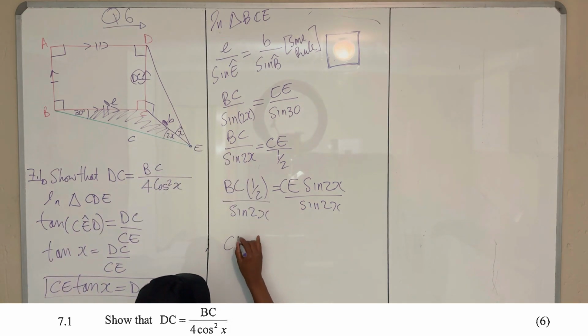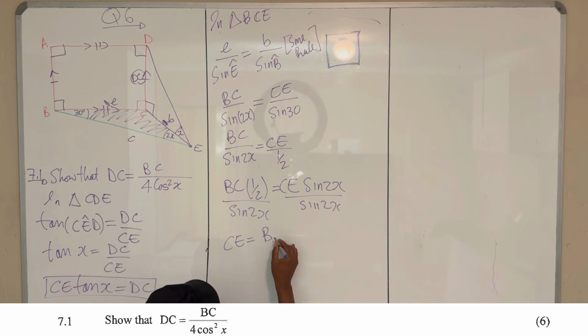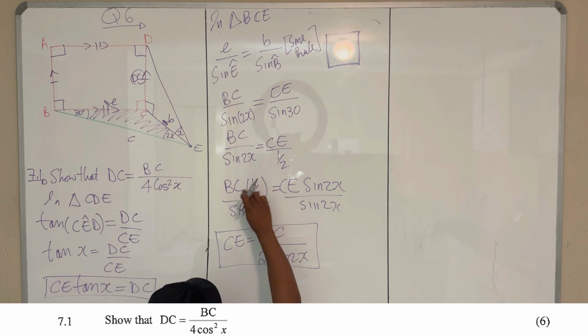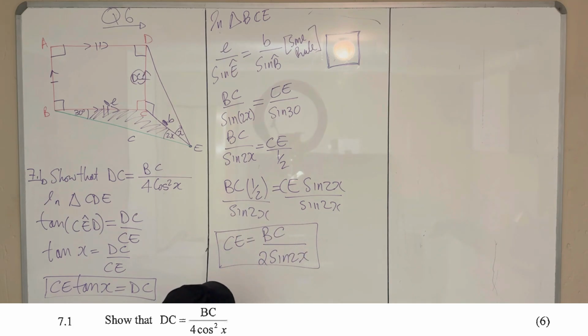What you get is that your CE is equal to BC all over 2 sine 2x. That's what you have. So this is your CE.